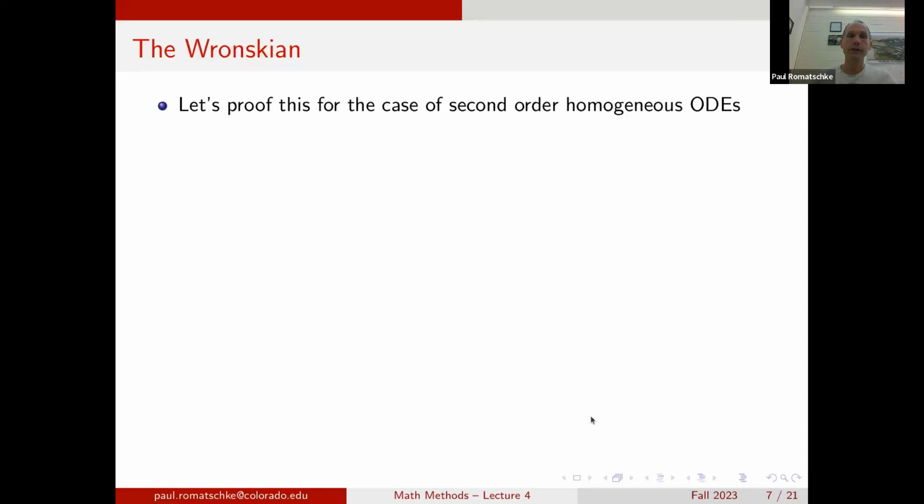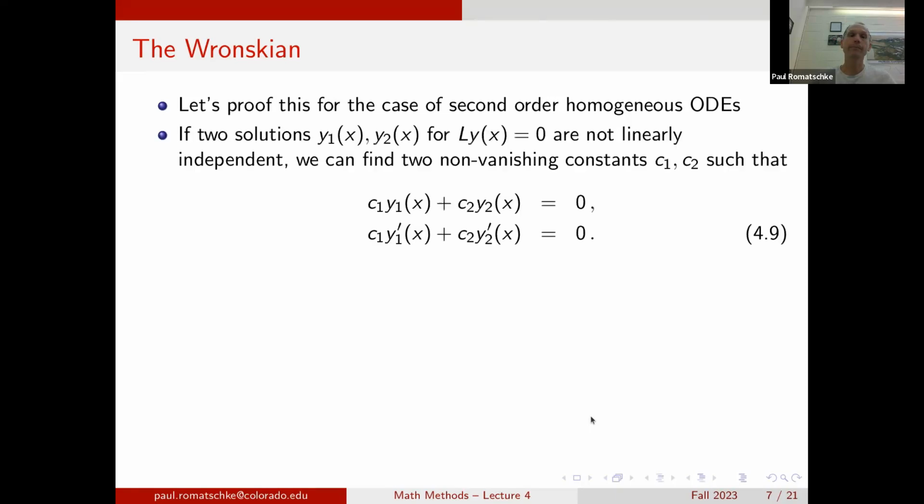We can prove that this is the case for, for instance, a second order homogeneous ODE. So let's assume we have two solutions, y1 of x and y2 of x, for the differential equation L of y is equal to 0. And let's further assume that these are not linearly independent.